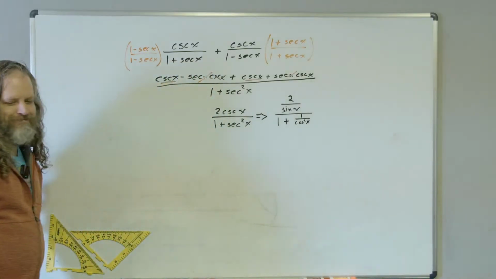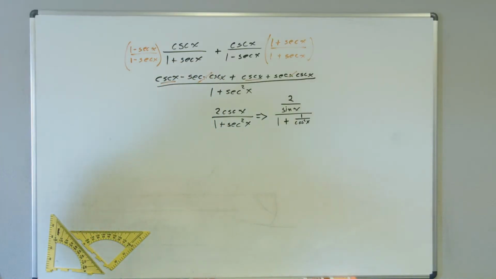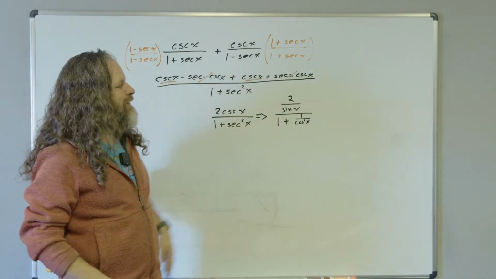Okay, now what? Now we got to do some reciprocaling. Not yet. Oh yeah, because we still have the one. Got to multiply this times cosine squared over cosine squared.